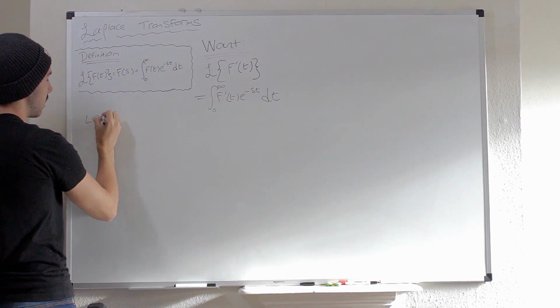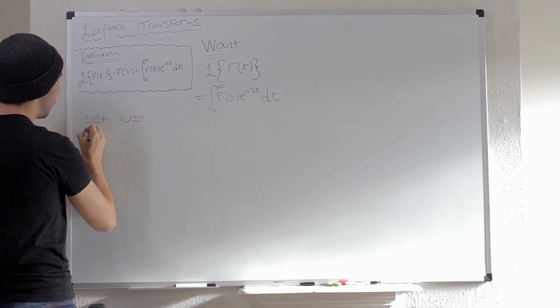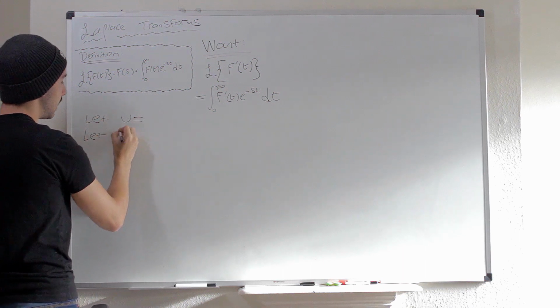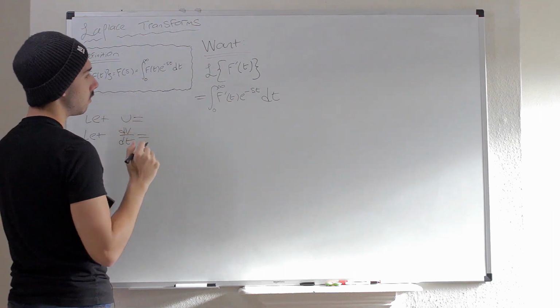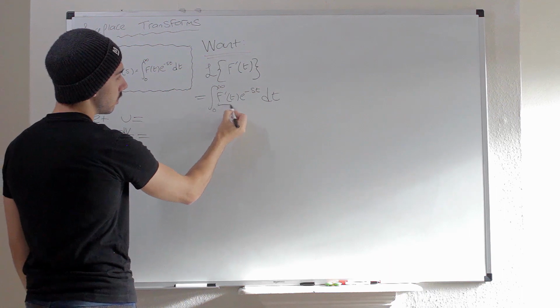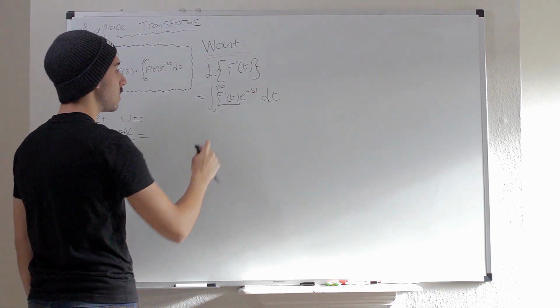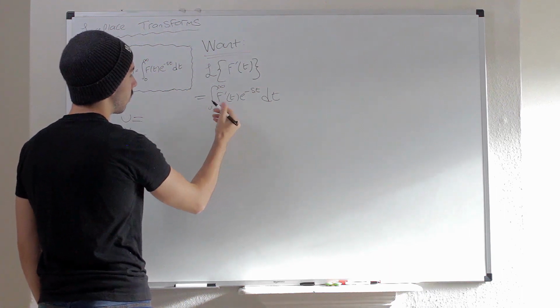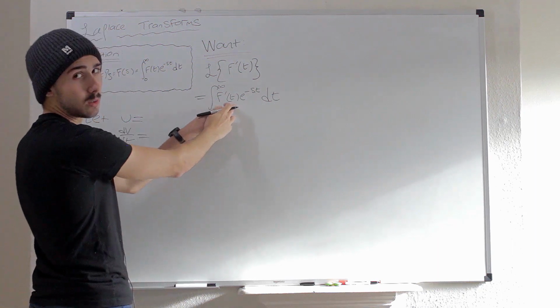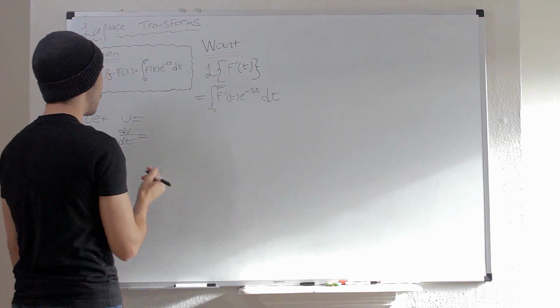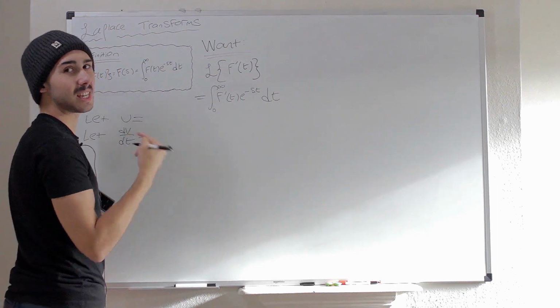We need to have a u and we need to have a dv dt. Just bearing in mind here that one of the functions is a derivative, which means we know what it integrates to, at least in terms of f of t. It's just going to become f of t when it integrates, which is very nice. So why don't we let that be what's going to get integrated?